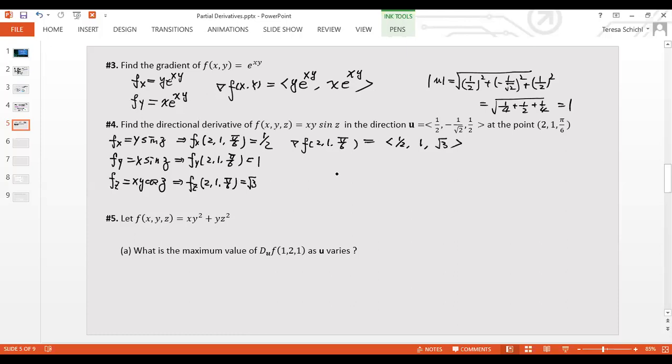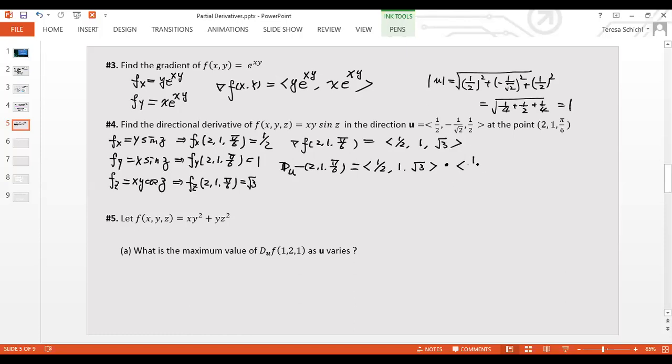Correct? And so I know that the directional derivative, so this is in R3, right? So the D_u, this is the direction in R3. So D_u f at (2, 1, π/6) will just be equal to the gradient vector (1/2, 1, square root of 3), dot product with your vector here, right?